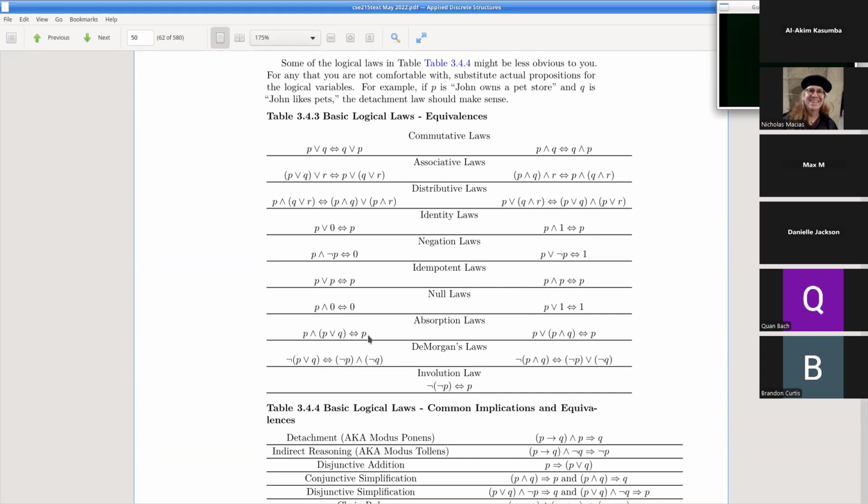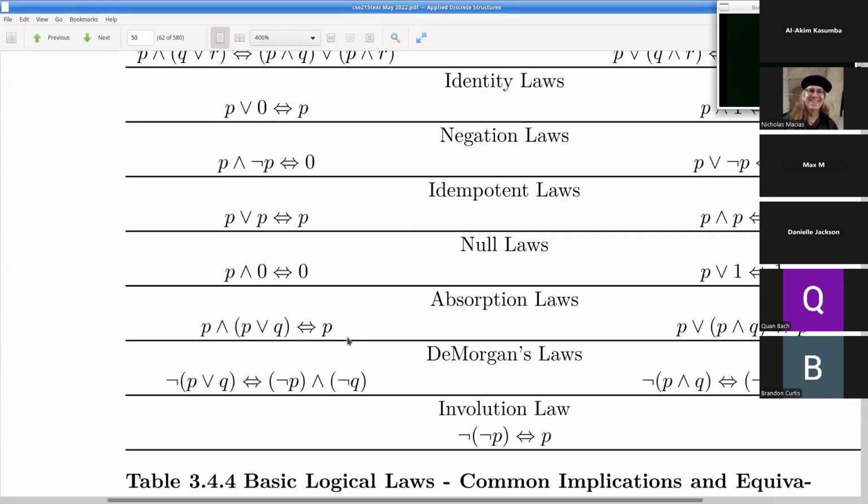P and (P or Q) is equivalent to P, and P or (P and Q) is equivalent to P. And if you think about this logically, no pun intended, what does this left side say? Well, this left side is going to be true in the following case. P is true, and either P or Q is true.